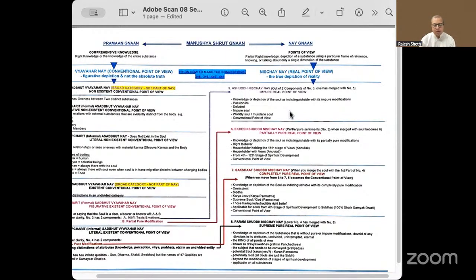It talks about the soul as one with impure Kshayopshamik bhav. Kshayopshamik bhav means destructional cum subsidential. Okay, so Kshayopshamik bhav and Audayik bhav. Audayik bhav is the rise of whatever impure modifications. Okay, so the soul is one with its Kshayopshamik bhav and Audayik bhav.